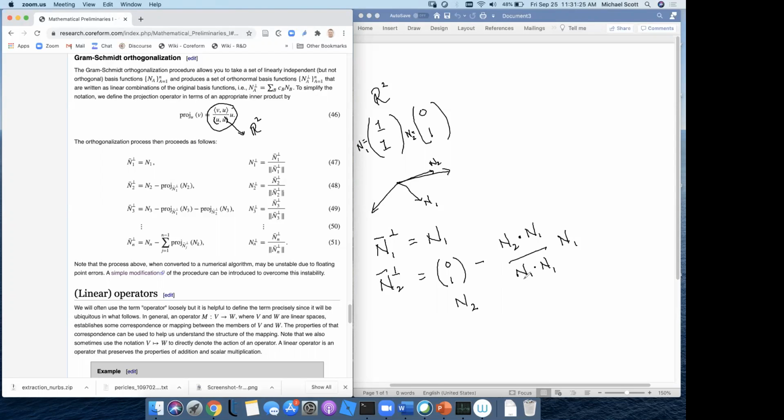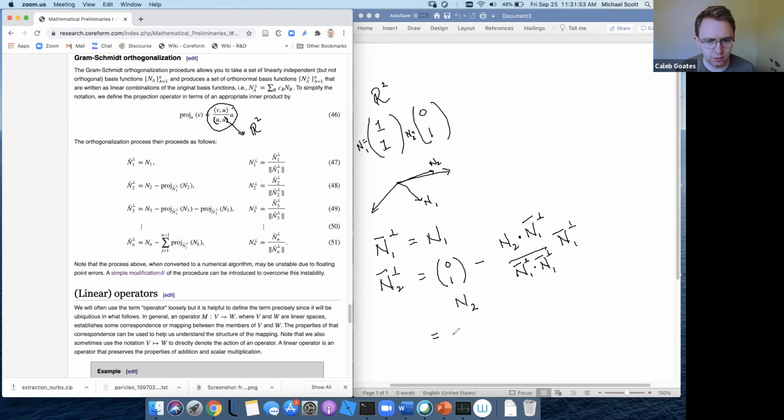Just to be a little more clear, maybe you should put bars in the perpendiculars on the N1s. Right, so this is the N1 perpendicular. Okay, so let's go ahead and do this. You need a square root as well, right?